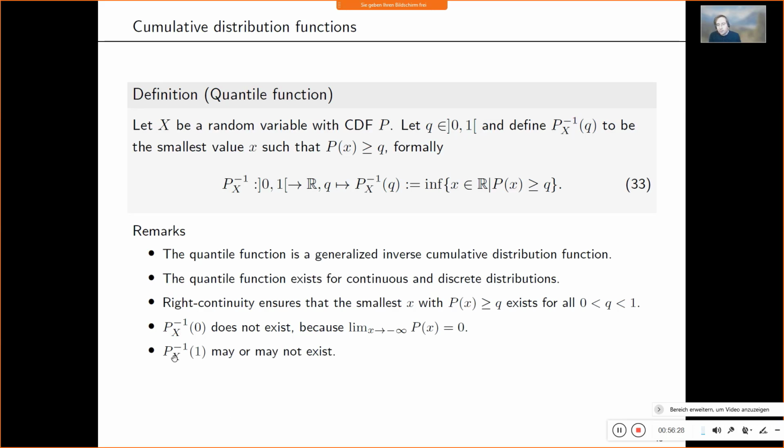And the quantile function of 1 may or may not exist, because either the CDF approaches 1, then it does not exist, or it assumes the value 1 at one point and then it exists.